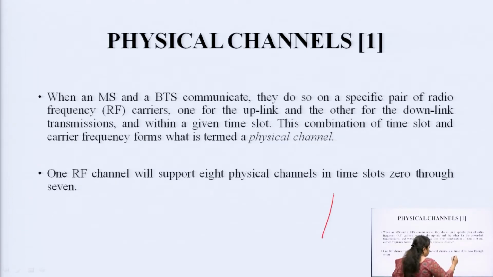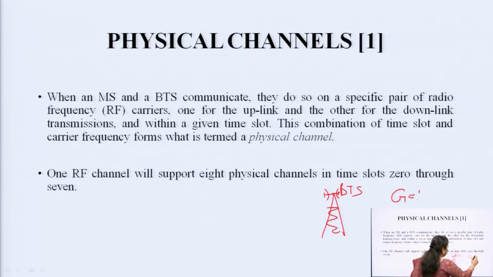So, let us say this is a BTS. BTS is nothing, it is a kind of antenna only. It can be an omnidirectional antenna, it can be a directional antenna. Generally, from the mathematical point of view, if you want to derive an expression for the power that has been received by the receiver, then an omnidirectional antenna is used because its gain is equal to 1.